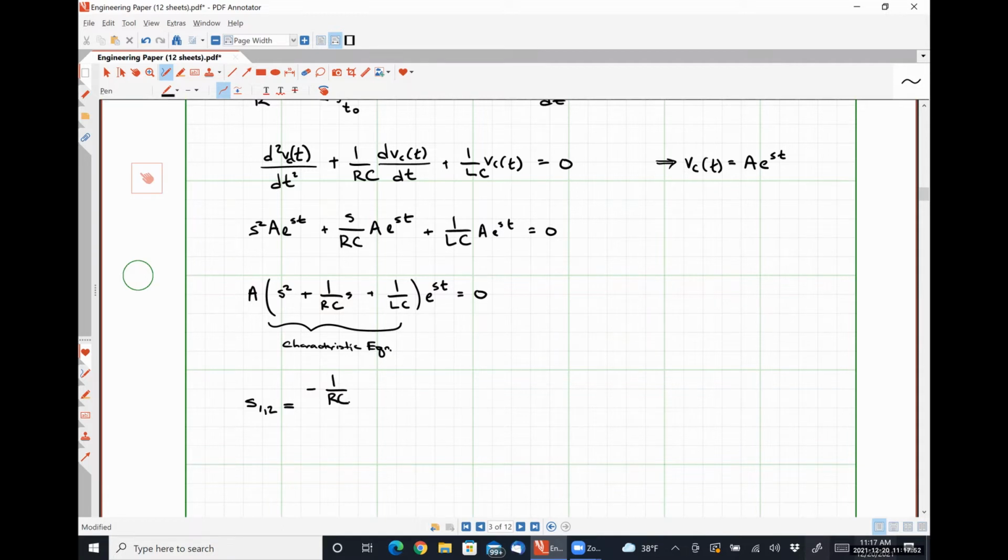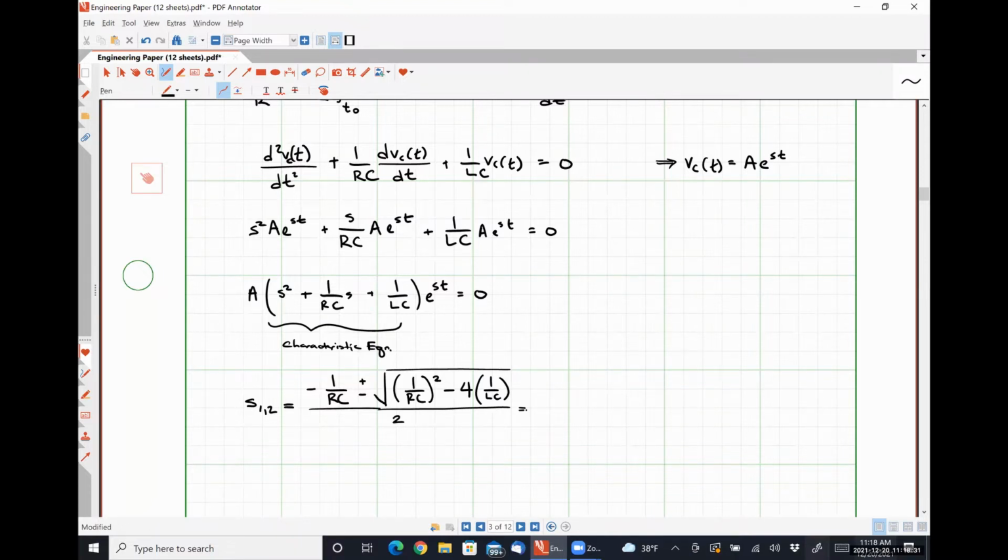So negative B plus or minus the square root of B squared minus 4 times A, which is 1, times C, which is 1 over LC, all divided by 2A.